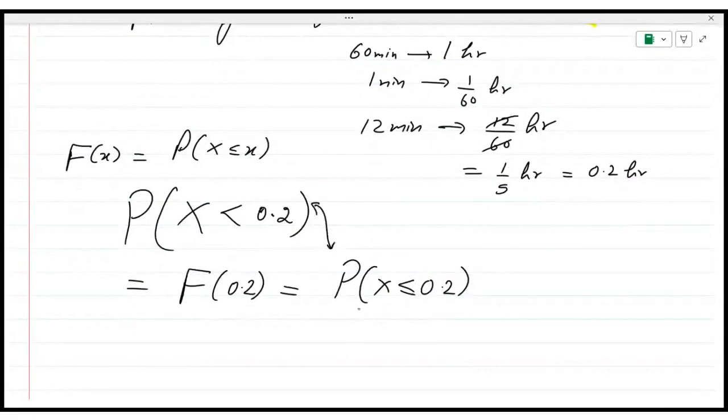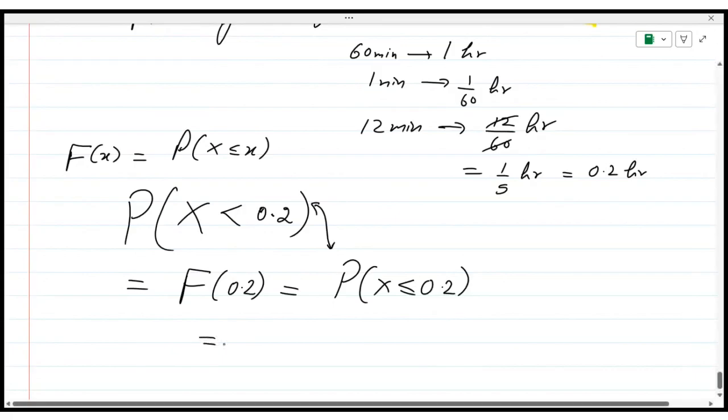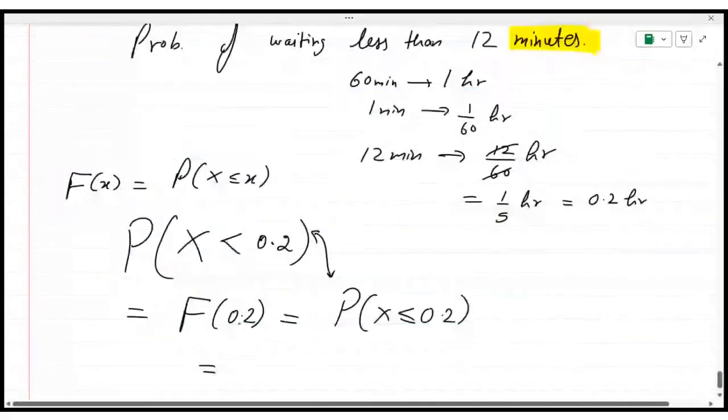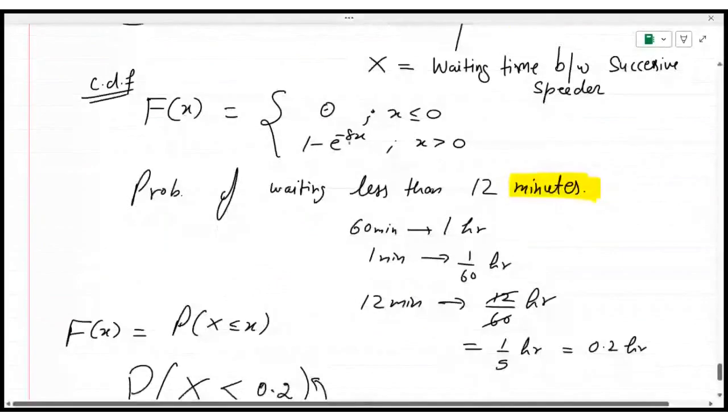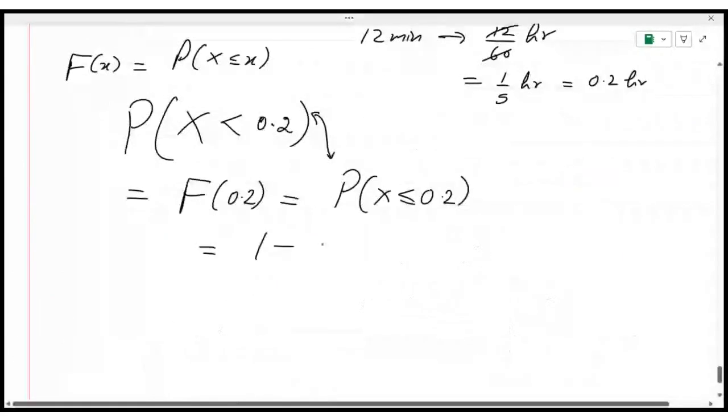So finding the probability of waiting less than 0.2 hour is the same as finding the value of the function at 0.2. Now, what is the CDF at 0.2? You just need to put 0.2 in place of x. If you put 0.2 here, you will get 1 minus e power minus 8 into 0.2.